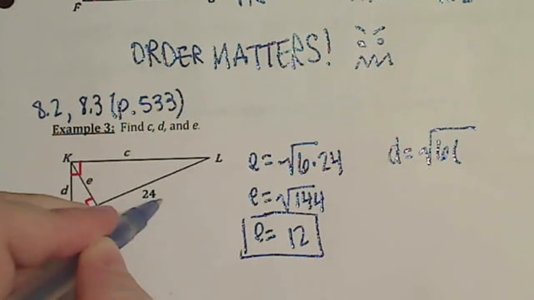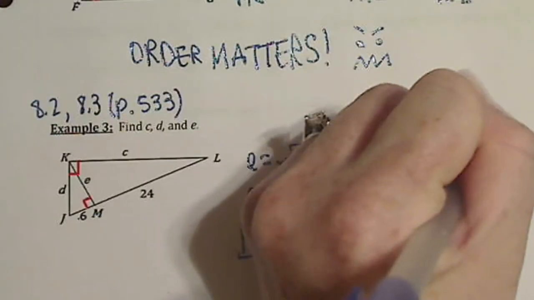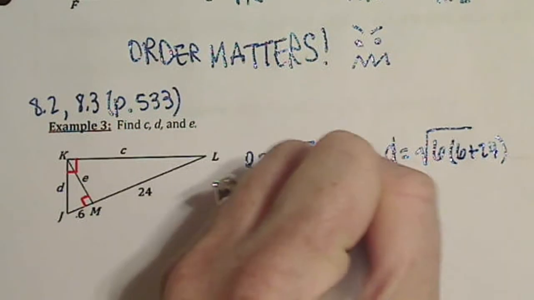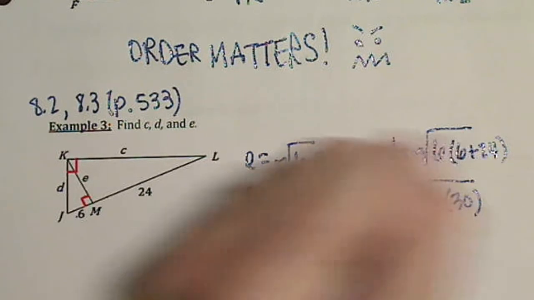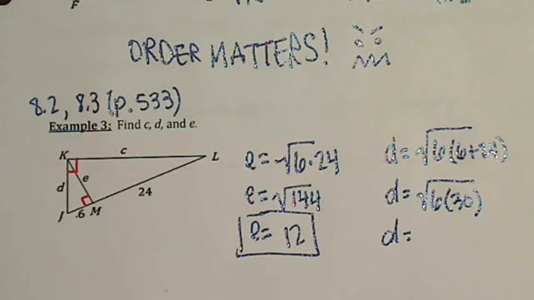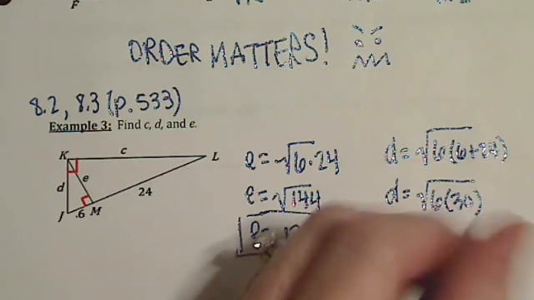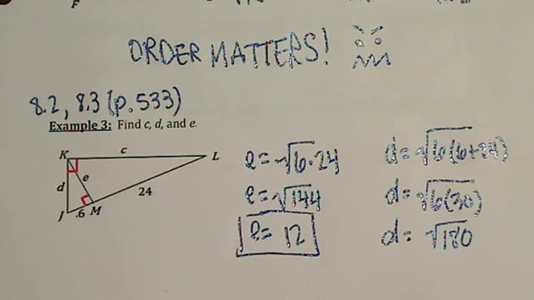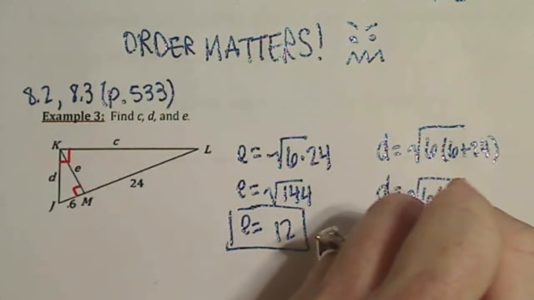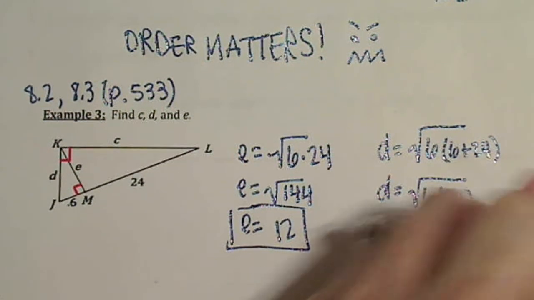Well, 6 and 24, we need to add those together. So we have to multiply 6 times 30. So in our calculator, we get the square root of 180, and we're going to round that to the nearest tenth. So that's 13.4 for side D.